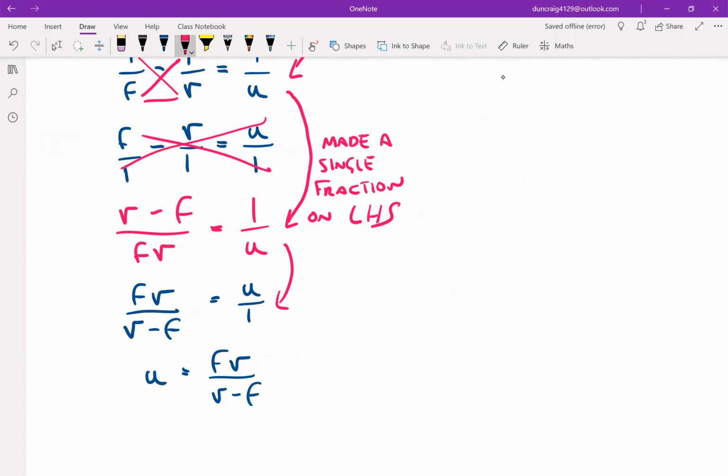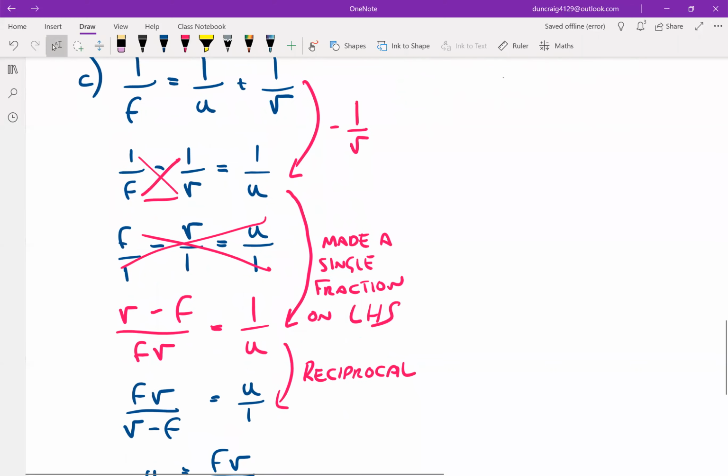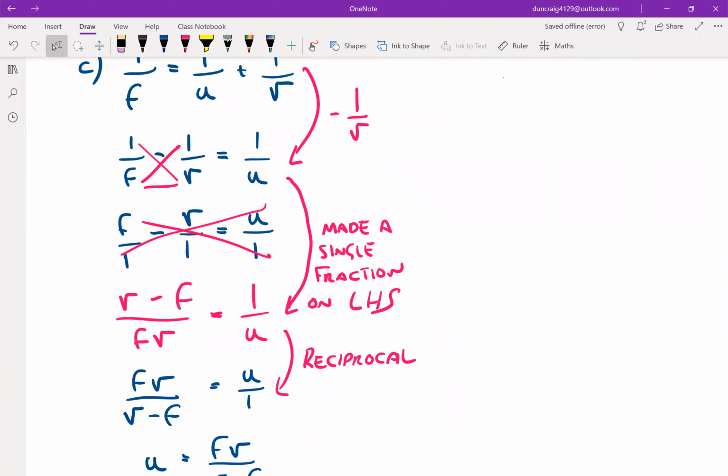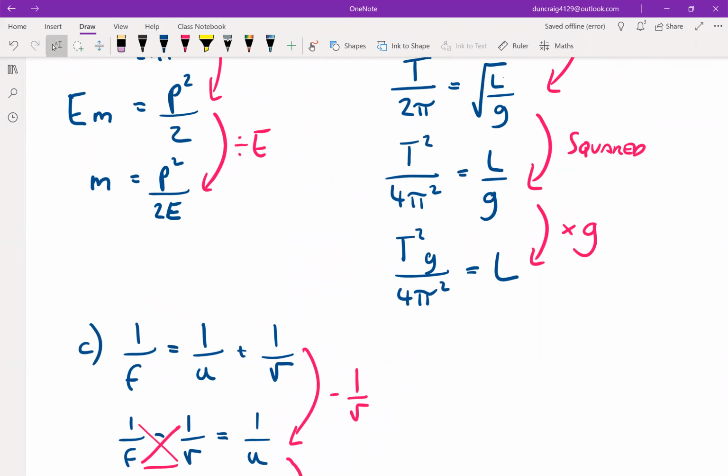I then did the reciprocal. Pretty sure that's how you spell it, and that's it there. So actually all that was just 3 steps, but a bit trickier than how it looks there.